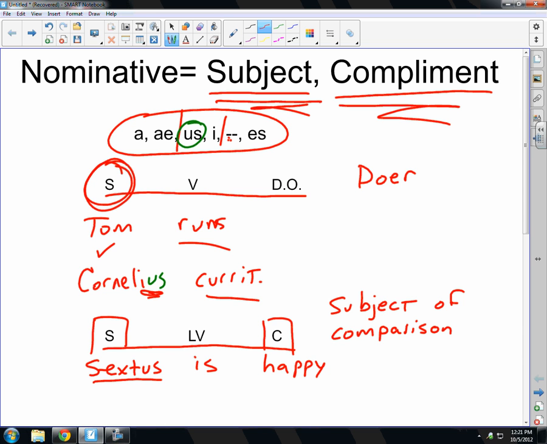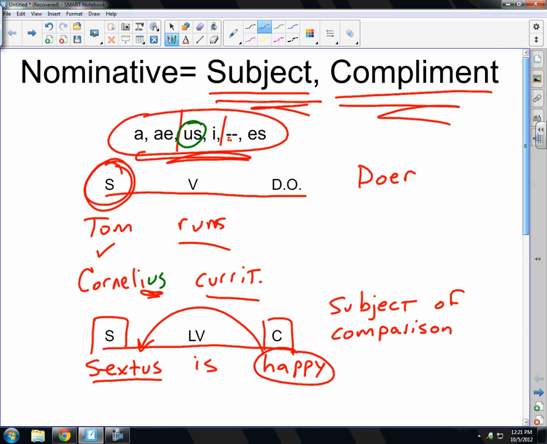So we'll give him a nominative ending in Latin. And is, of course, is our est. Happy is the comparison itself, the complement. It's telling me what the subject is. It will also have one of these nominative endings.